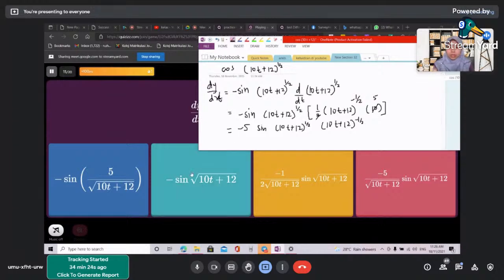So you can compare with the options. Negative 5, so it should be the last one, the fourth answer.